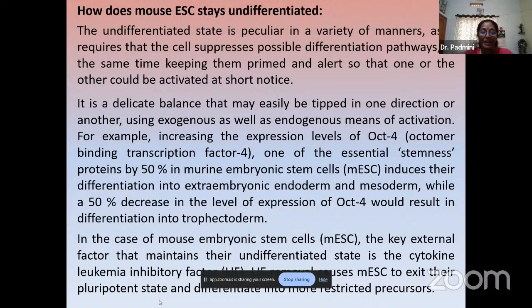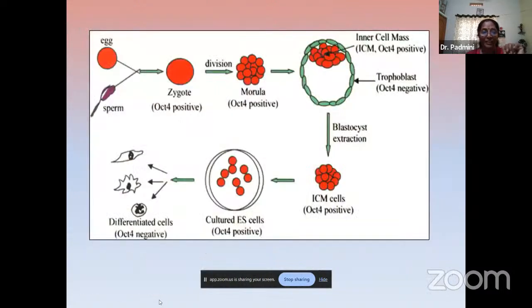Removal of LIF causes the embryonic stem cells to exit their pluripotent state and differentiate into more restricted precursors. So they're going to differentiate into different precursor levels. The cytokine LIF is the one that controls whether they become this or that. That is how mouse embryonic stem cells stay undifferentiated.